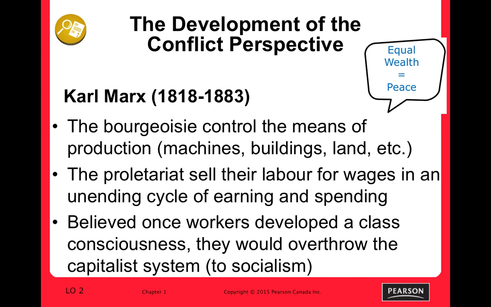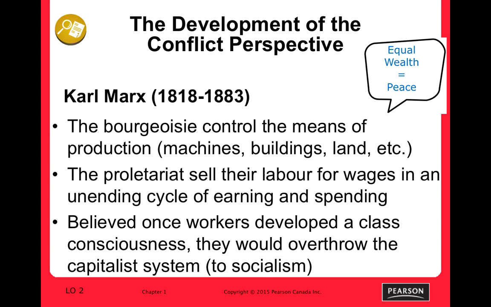So Marx theorized that once these workers realized what the heck was going on, they would develop class consciousness. So they would start to realize that they were being exploited, that they were never going to be released from this unending cycle.